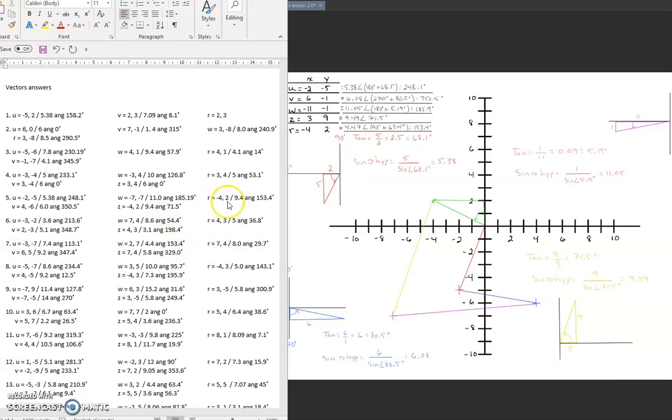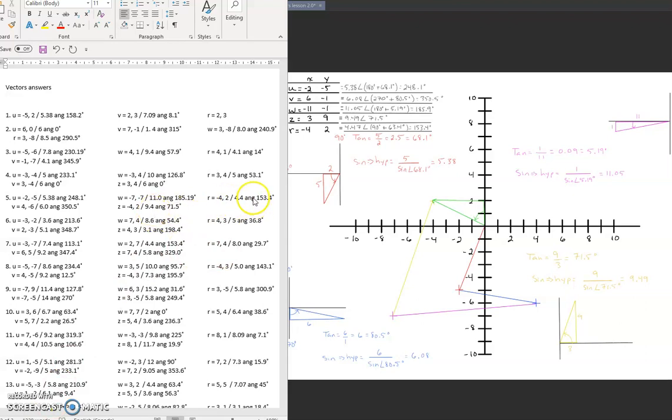Now notice here that our resultant vector also matches our Z vector, because where the resultant vector ends is also where the Z vector ends. So we have the resultant vector, -4 and 2.